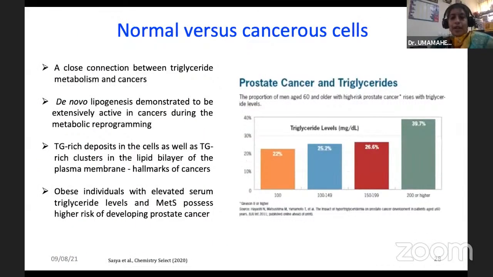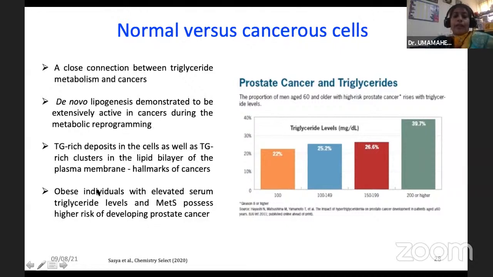People have tried to look at this using NMR to see the differences in the triglyceride levels. As I mentioned, they have detected this in the lipid bilayer of most of the cancer cells, and they have identified that this is something that happens when a normal cell transforms into cancer cells.